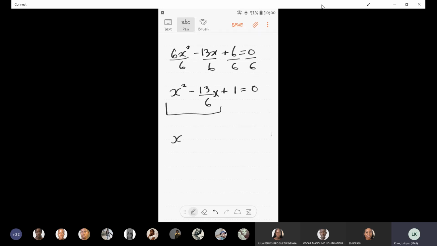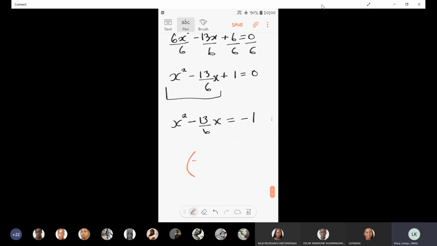So I can rewrite it like that. So I need to figure out what I need to write on both sides. And we said to do that, all you need to do is take your coefficient of x, then you divide it by 2, and then you square it.